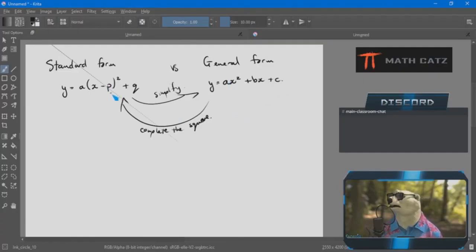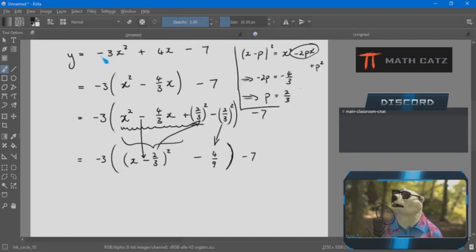It's not as nice and convenient as the p and the q giving me my vertex directly. The general form has things more hidden. In order to see where the -3, 4, and 7 come into play to reference the vertex, completing the square is what we have to do when we have a specific example. So we're still in the process of doing that. But the hard part's over.